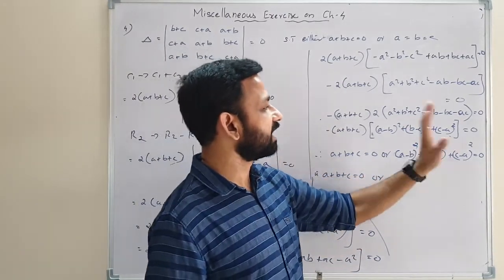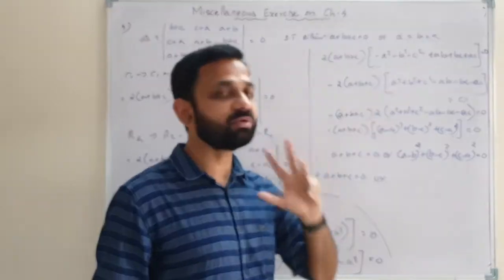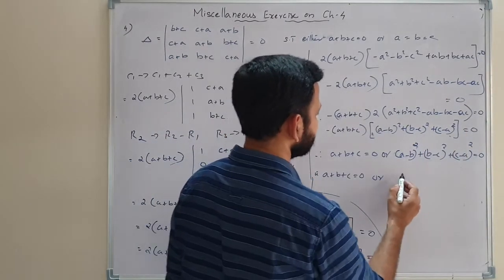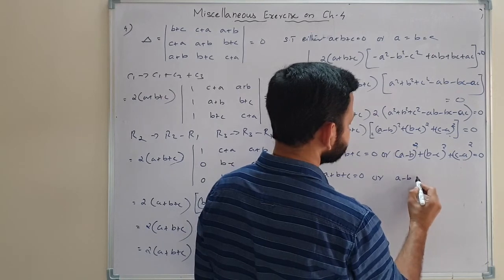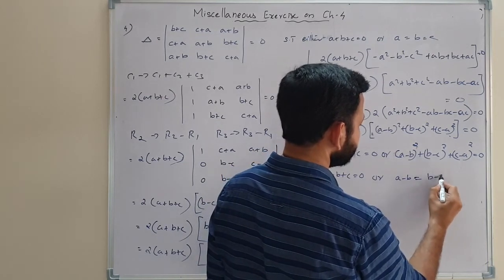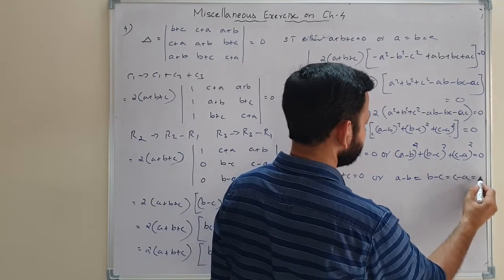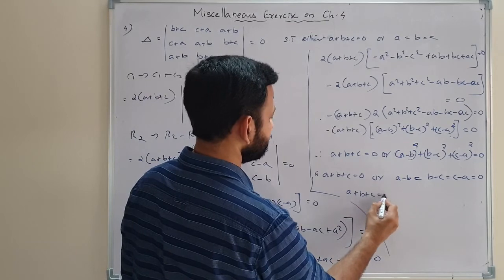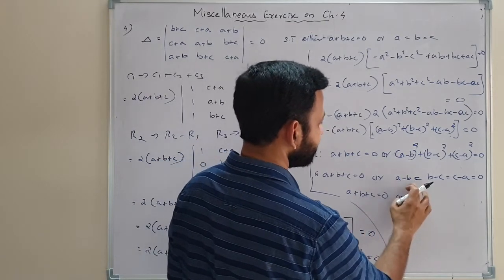So the three terms must be 0. Therefore a minus b equal to b minus c equal to c minus a equal to 0. Therefore, a plus b plus c equal to 0, or a minus b equal to 0.